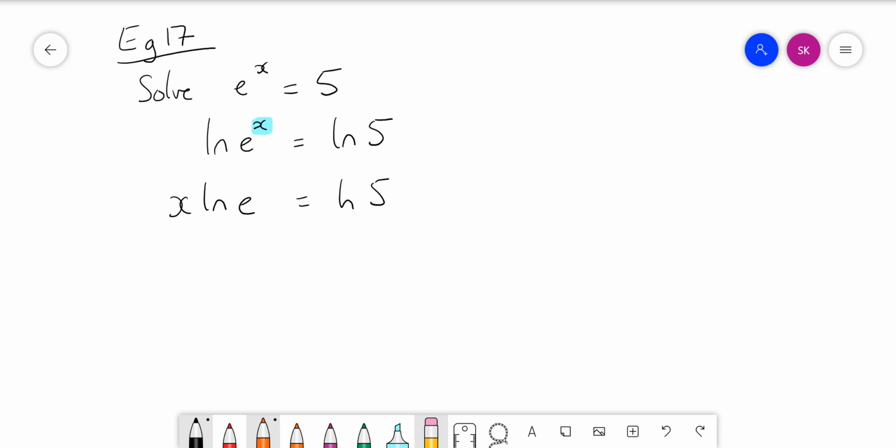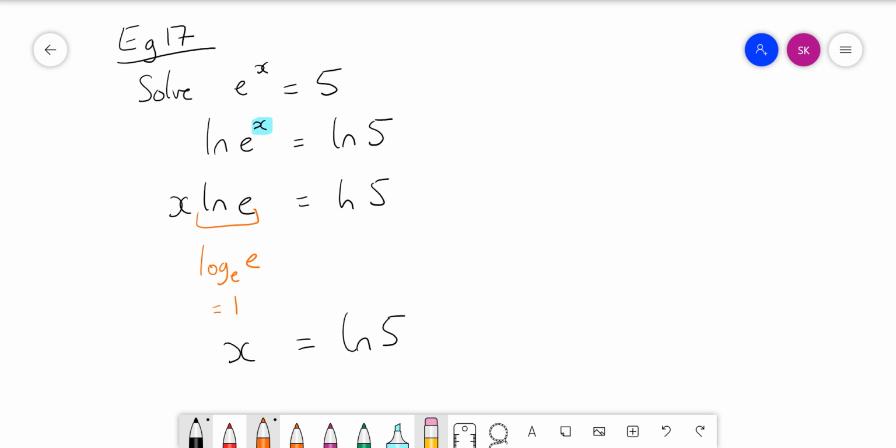And crucially, remember, this is just log base e, and we know that that is the same as 1. So the left-hand side simplifies to x equals ln 5.